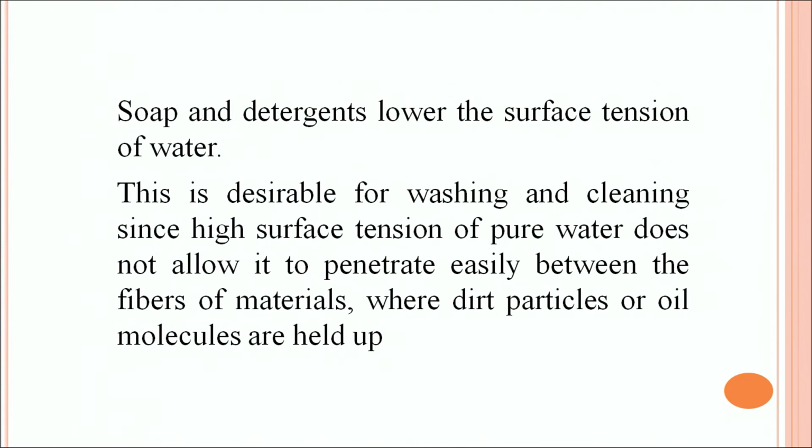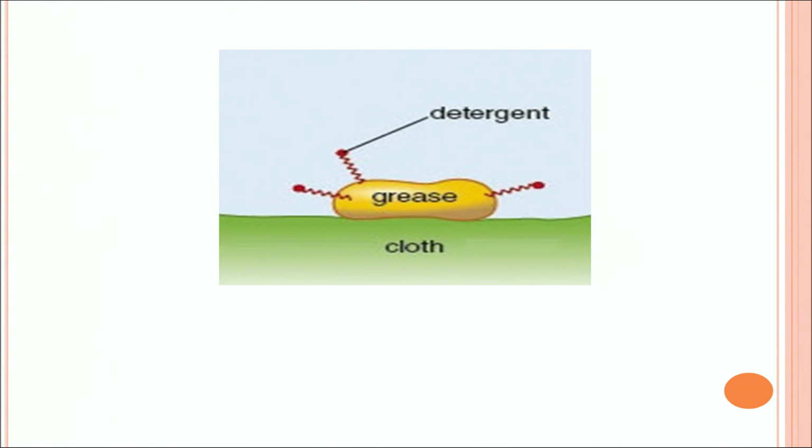But when we add a detergent, it lowers the surface tension, which makes it easy to penetrate through the fibers of the material or the dirt particle, like oil, or the molecular interaction between two different materials. So, we can say the detergent lowers the surface tension.